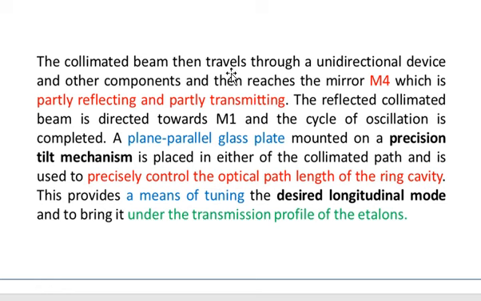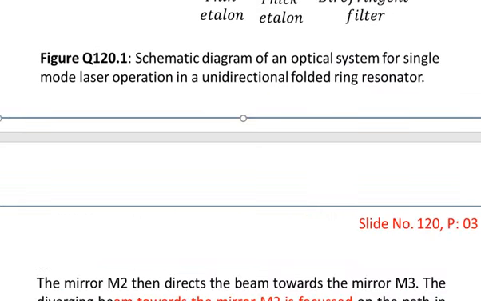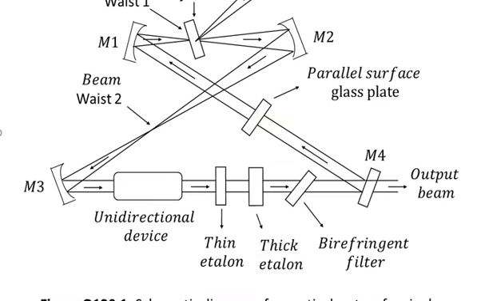The collimated beam then travels through a unidirectional device. So the collimated beam I am talking about is the beam reflected by the mirror M3. So this beam, which is traveling from mirror M3 towards the mirror M4, is a collimated beam. So this collimated beam will pass through the unidirectional device.